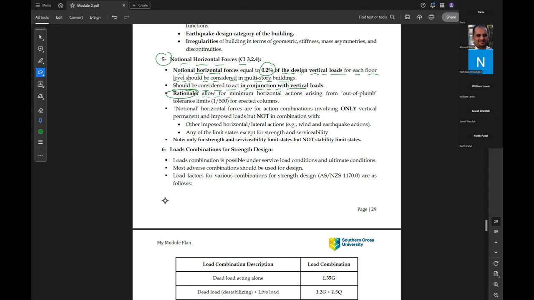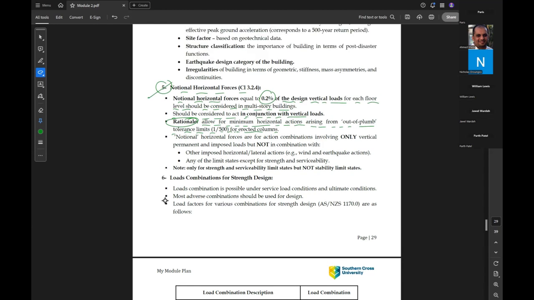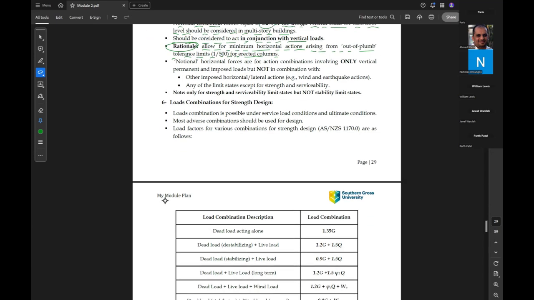It rationally allows for minimum horizontal action arising from out-of-plumb tolerance limits of 1/500. Okay, you can have a read on this one, so not much is required in this course.